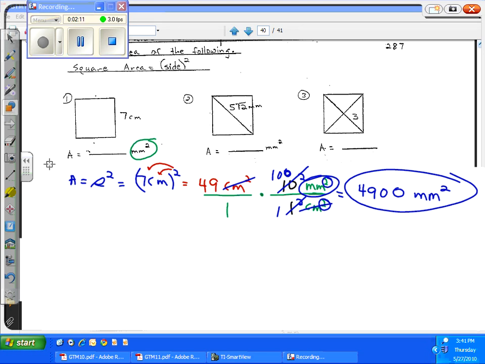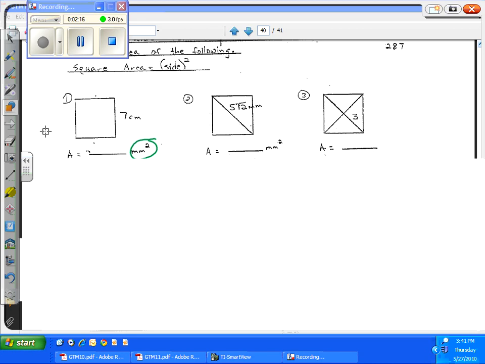Number two. We want the area of the square in square millimeters. So the area of the square is side squared.